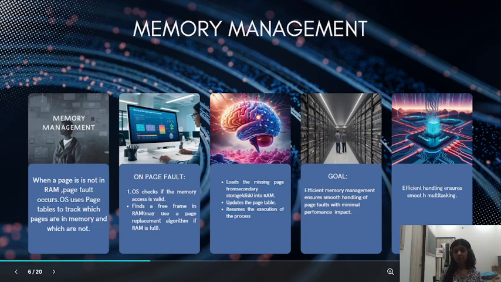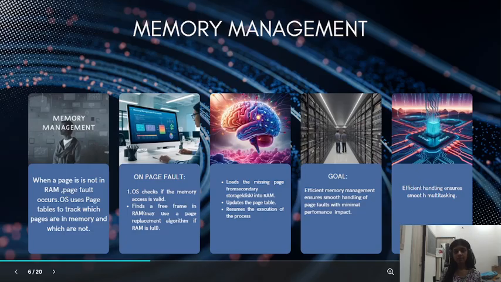Then, what happens when a page fault occurs? OS checks if the memory access is valid, finds a free frame in RAM, may use a page replacement algorithm if RAM is full, loads the missing page from secondary storage into RAM, updates the page table, resumes the execution of the process.